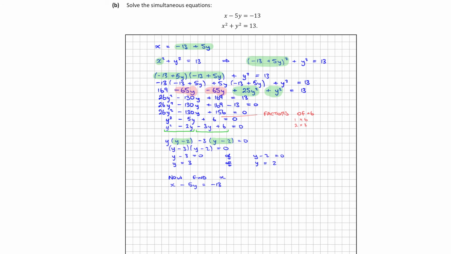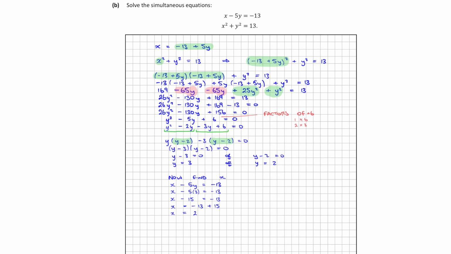So in this case, I'm going to put 3 in for y. Okay, so that'll give me x minus 5 times 3 is equal to negative 13. So x minus 15 is equal to negative 13. So x will be equal to negative 13 plus 15. So x will be equal to 2.